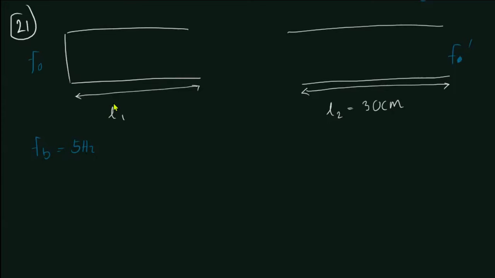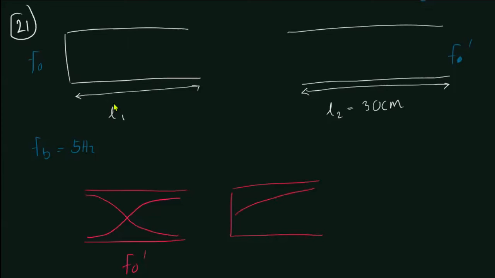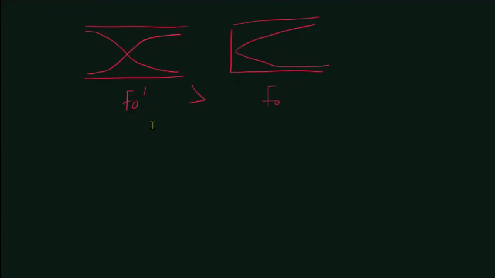But assume if the length was the same, obviously the fundamental frequency of the open end tube is higher than the closed tube. That is because this is going to be v over 2l, while the closed tube is going to be v over 4l. So this is greater.